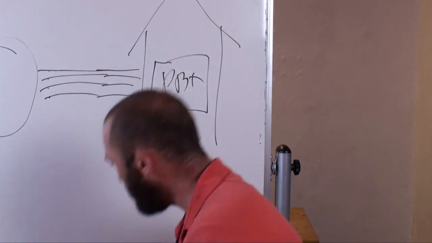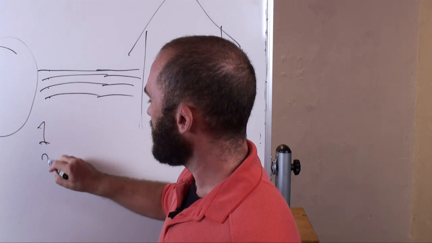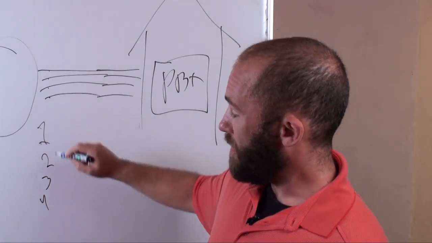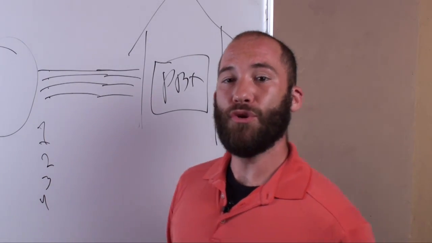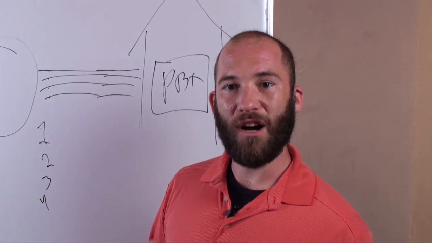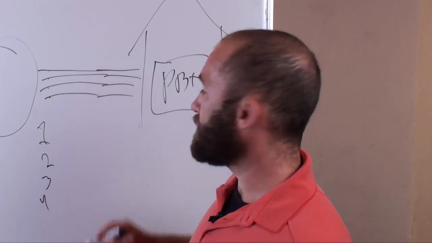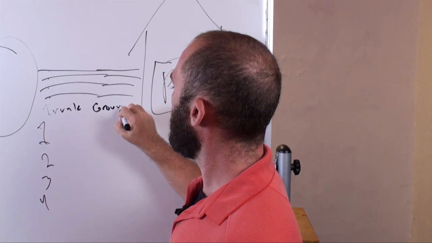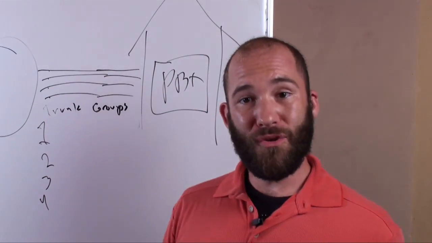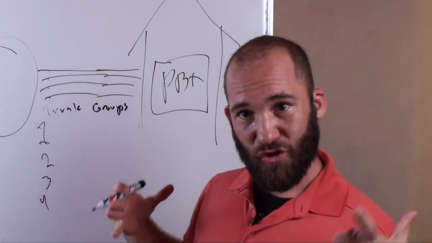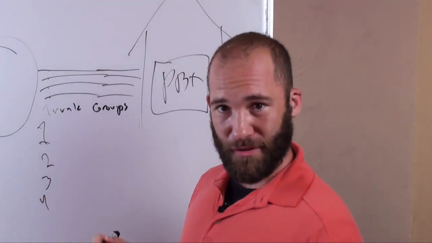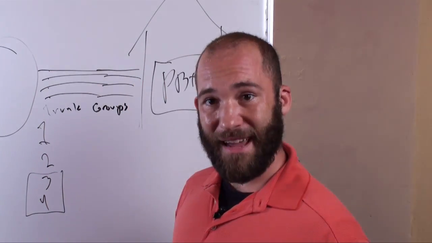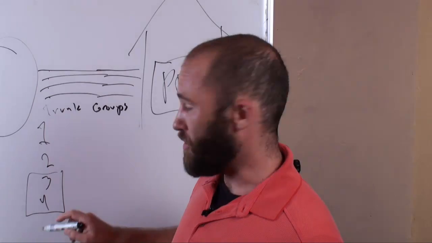So the first thing that we have to talk about with the trunk lines, so we have trunk line 1, 2, 3, and 4, is you can put these into what are called trunk groups. So if you have all these trunk lines coming into your building, you can say, I want trunk lines 3 and 4 to be part of one trunk group.